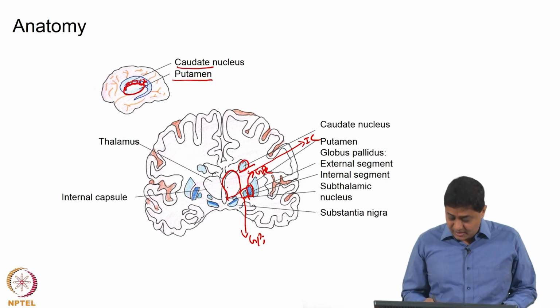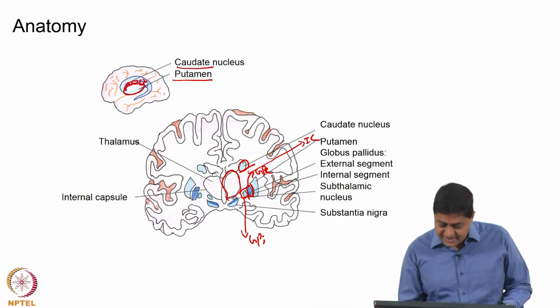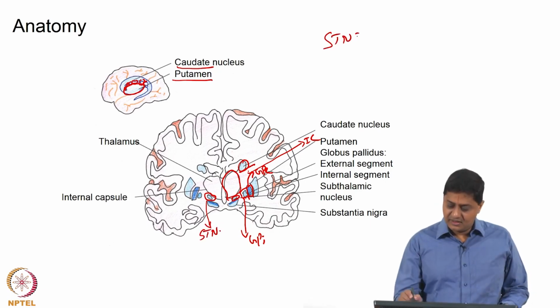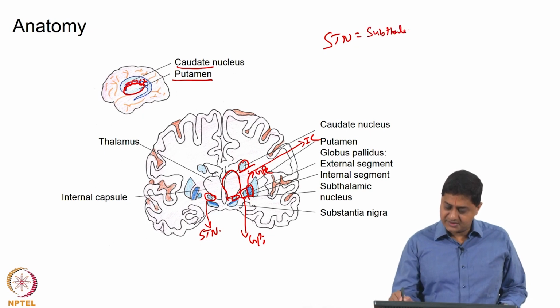Okay. Now, just below the thalamus you have a relatively small nuclei here on both sides. This is called the subthalamic nuclei, STN. Here I am using STN to refer to subthalamic nucleus.